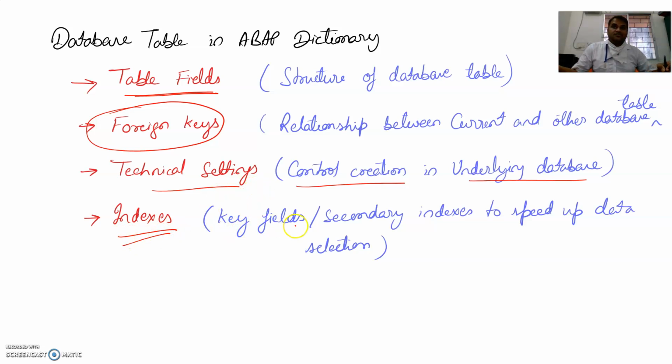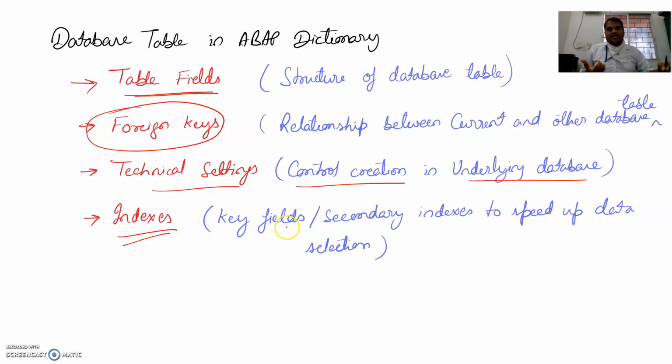What is an index? An index is the key fields. Key fields of every table should have something unique, like a registration number is unique for every student. Suppose in the address, the student name and the father name combination will probably not repeat in the database, though a common name may be possible.